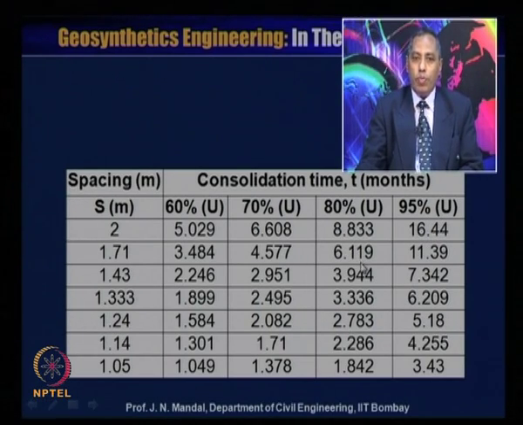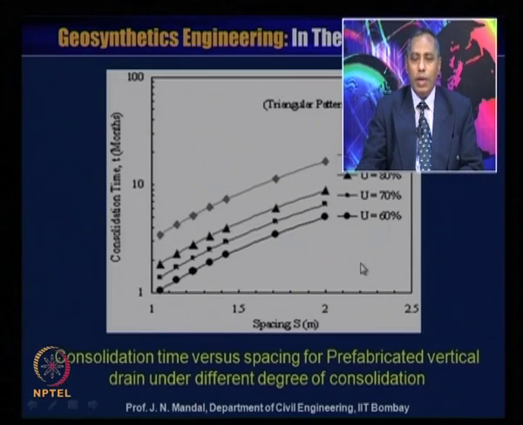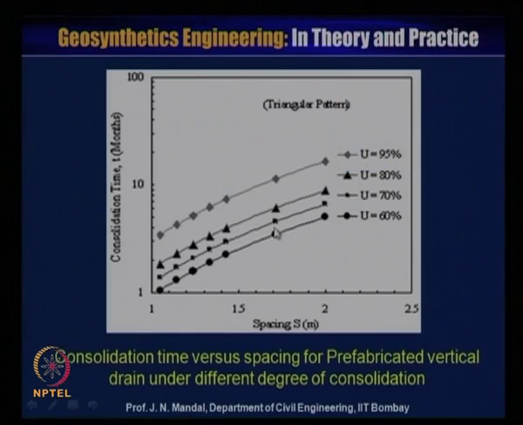So from this table you can also draw a relationship between the consolidation time versus spacing of the prefabricated vertical drain under different degrees of consolidation. This is a triangular pattern. So this is the time, this is the spacing, this is the U value. So U value 60, 70, 80, 95.